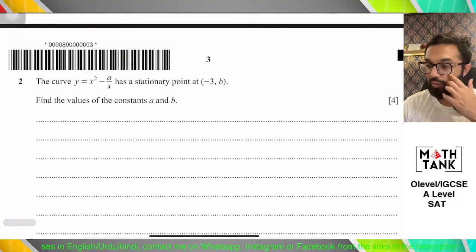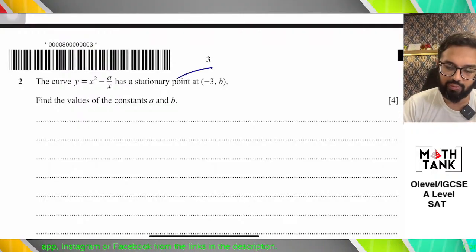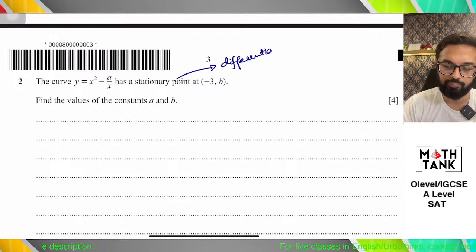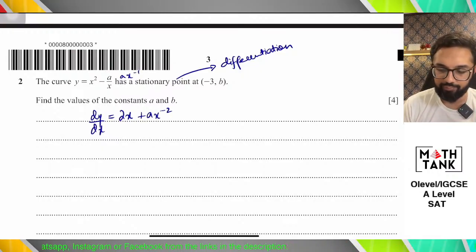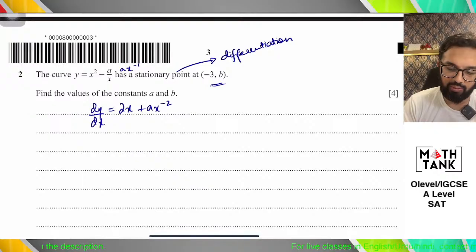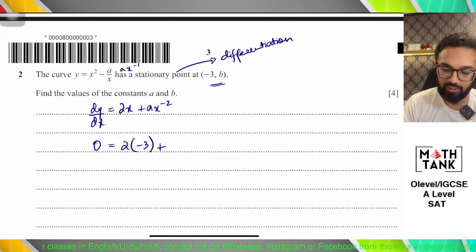Question number 2 says the curve y equals x squared minus a over x has a stationary point at (minus 3, b). So this is a question on differentiation. dy by dx equals 2x, and this was a x power minus 1, so plus a x power minus 2. I have the stationary point at (minus 3, b), so when dy by dx is 0, x is minus 3. Find the values of the constants a and b.